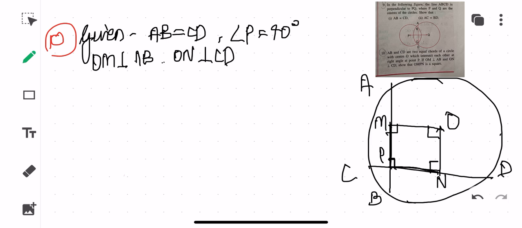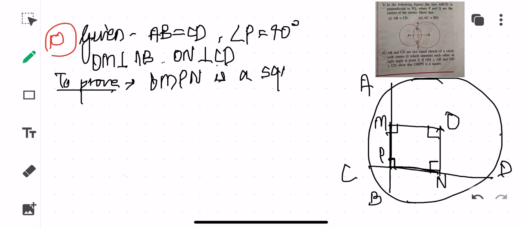This is given. Now what do you need to prove? To prove that OMPN is a square.